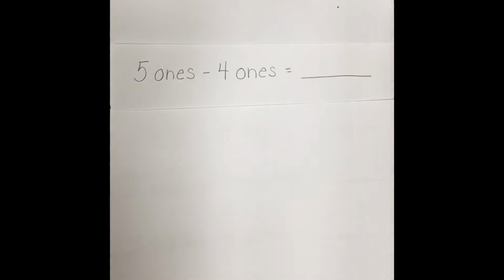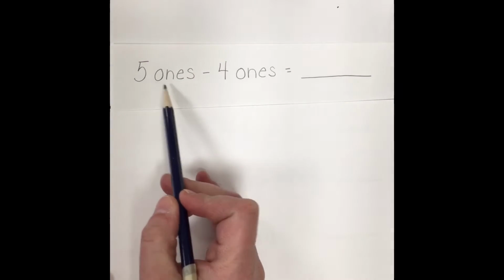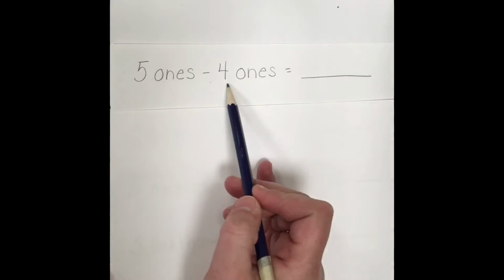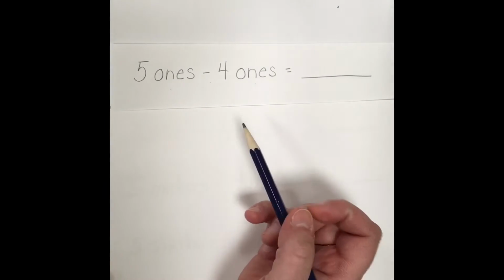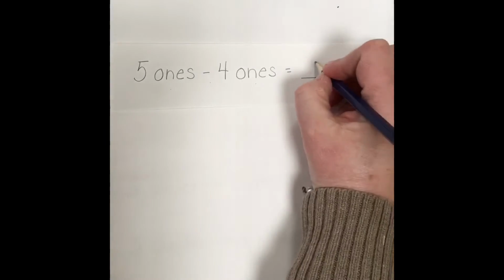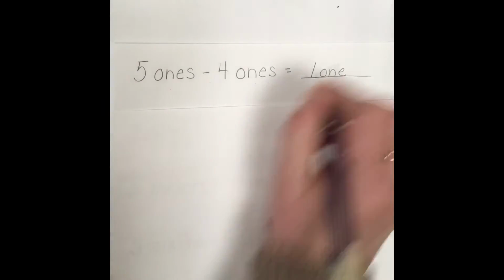For our first problem, we're going to solve for the difference, which means we'll be subtracting, using unit language and a number line. For example, here I have 5 ones minus 4 ones. Well, obviously the difference is 1.